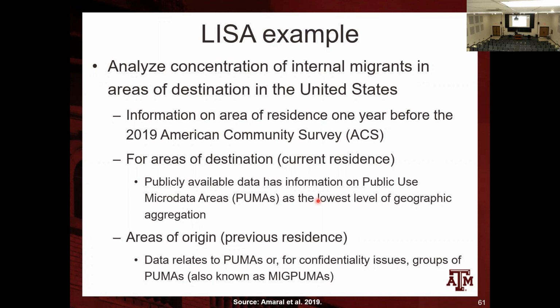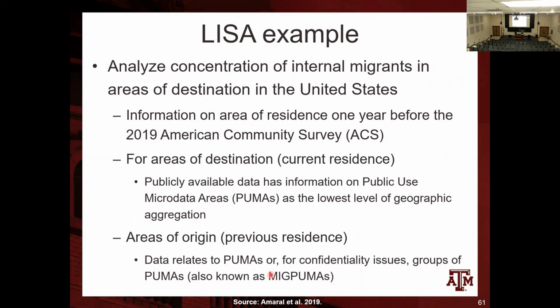But in the same publicly available data, when we get information about residence 1 year ago, the area of lowest level of geographic aggregation that we have is not even the PUMA. They are groups of PUMAs called MIG PUMAs. Because if I knew the PUMA that the person lives in right now and the PUMA that the person lived in exactly 1 year ago, I would also be able to identify individuals using publicly available data.